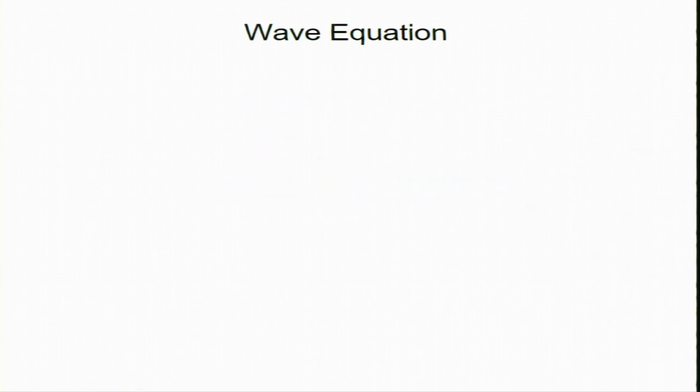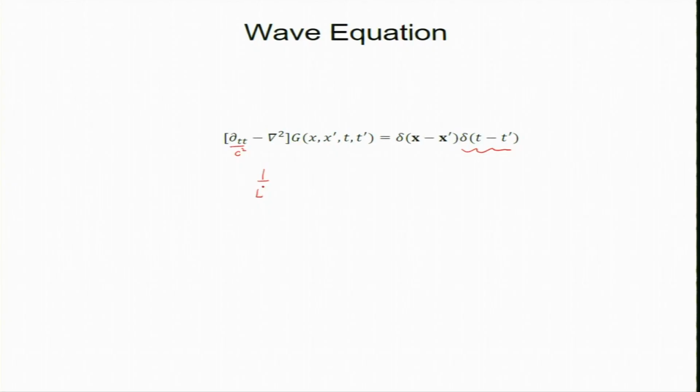Now, the wave equation. There is a slight difference, the right hand side has delta of t minus t prime. The left hand side, indeed I had to divide by c squared, I did not write it, but the left hand side dimension remains the same, 1 over L squared. Basically the Laplacian and d by dt over c squared have the same dimension. For the right hand side, let us look at 1D.